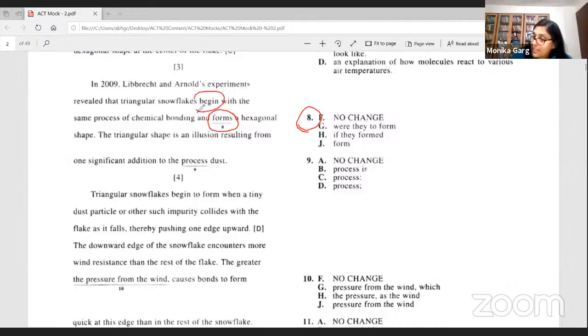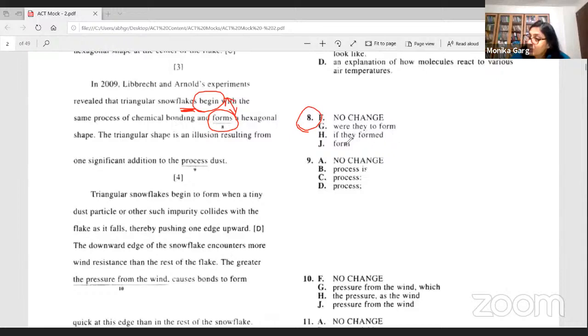This one says begin and this one says forms. And if I look at the subject, it's snowflakes, which is plural. So snowflakes begin, and obviously this one should be form, and then they'll be parallel to each other. They are in the same form and they are in the same format also.